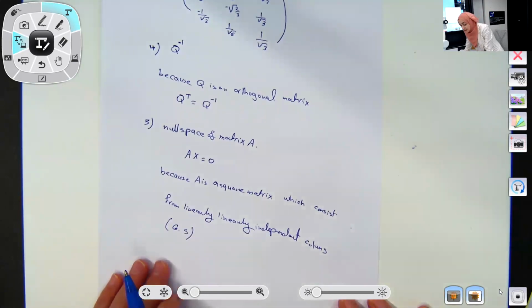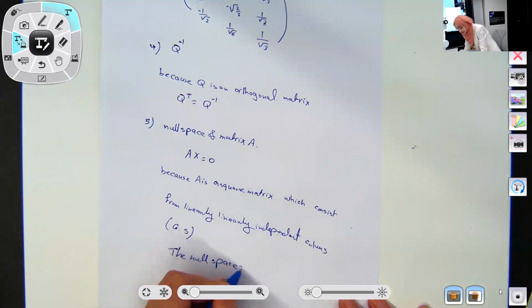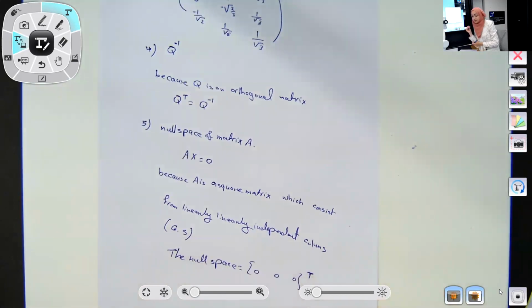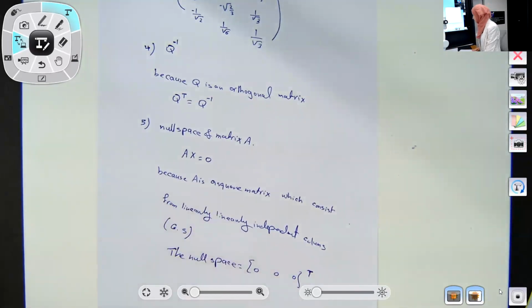So the null space here is 0, which equals (0, 0, 0) transpose. In general, if you have linearly independent columns, the null space is always equal to 0. This is a rule.